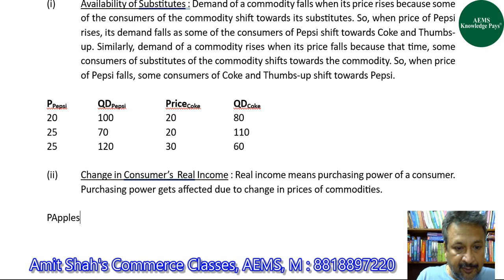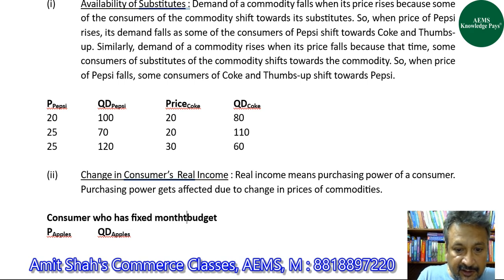This is price of apples and this is quantity demanded of apples again in a small town. Here I am talking about an individual consumer who has a fixed monthly budget of rupees 1000 for apples for his family.